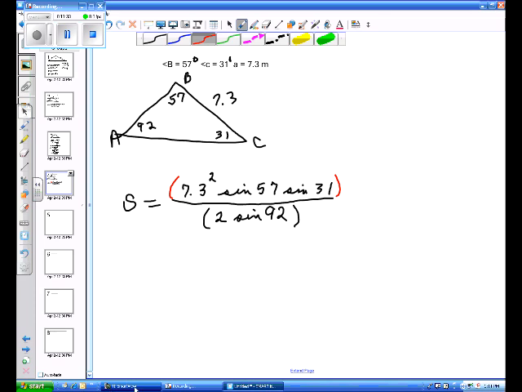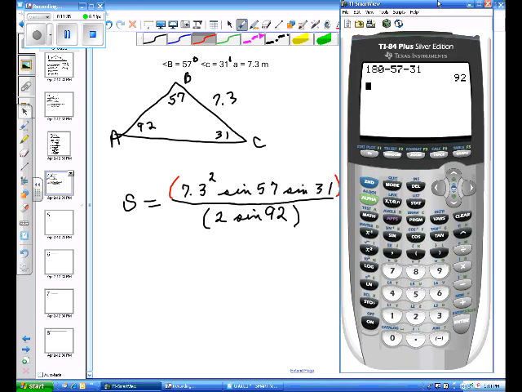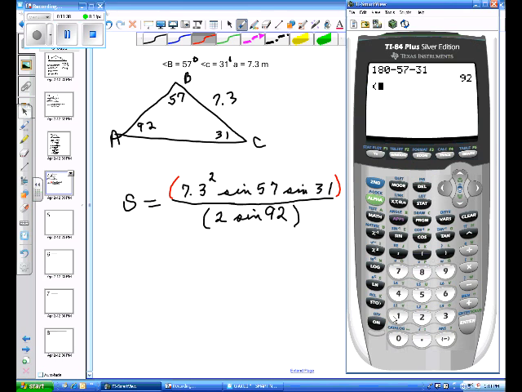Okay, let's put this into our calculator. We'll have parentheses, then 7.3 squared times the sine of 57, close the angle, sine of 31, close the angle, close the numerator, divided by, open the denominator, 2 sine 92, close the angle, close the denominator.